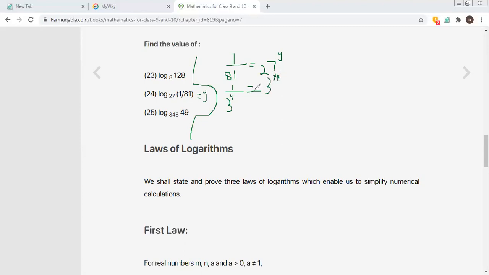But here class, 3 is written in reciprocal form as a denominator. We bring it up, then its power becomes -4, so it is equal to 3 power 3y. This is the same. Compare the powers: -4 is equal to 3y.